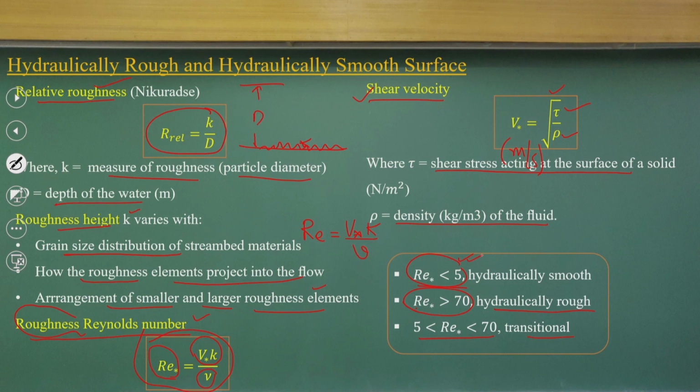The same way, here we define it in terms of the roughness Reynolds number. When the roughness Reynolds number is more than 70, we define it as hydraulically rough conditions, where the roughness thickness is larger than the thickness of the laminar sublayer.